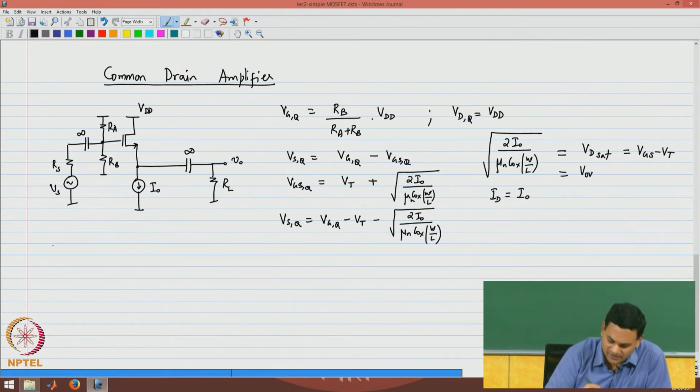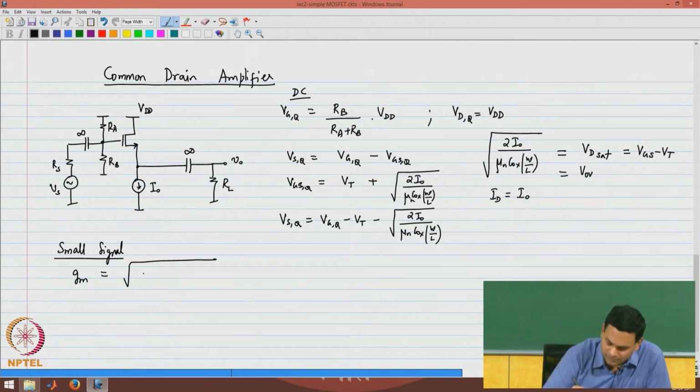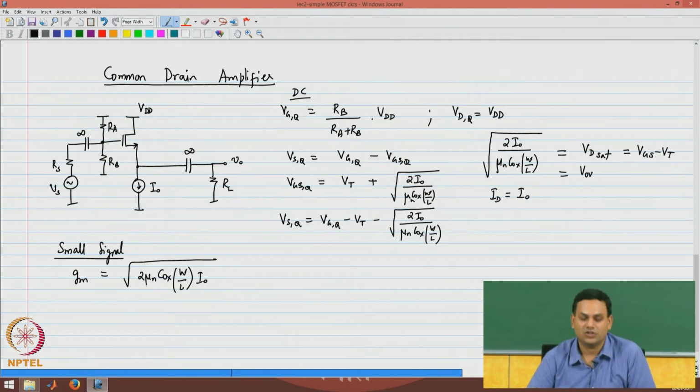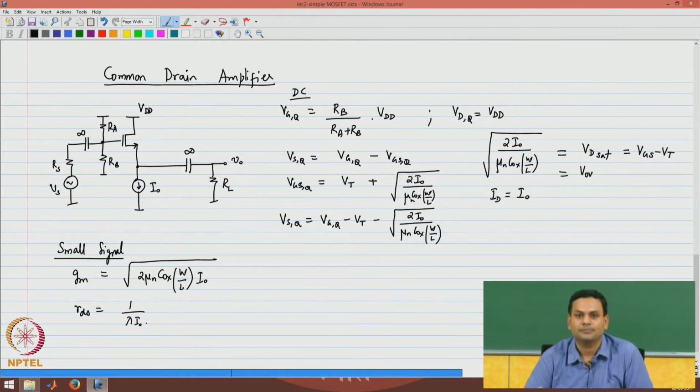Now, let us move on to the small signal analysis. This was DC so far. So, again the first step is to figure out the GM, and since we know the current, we can figure out the GM, and as before RDS is 1 over lambda I naught. So, now we can draw the small signal equivalent circuit.